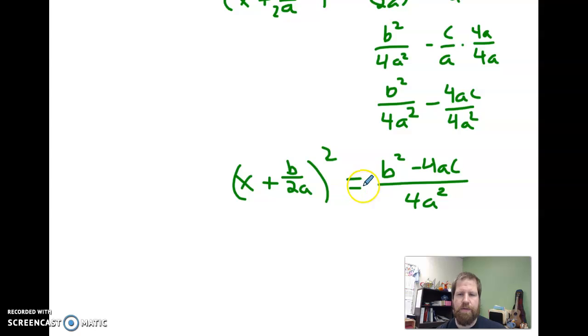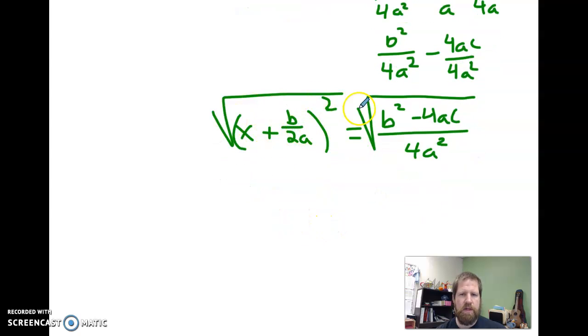So let's go ahead and go through our steps just like we normally do. We would take the square root of both sides. Okay, square root of this is easy. It's just going to be x plus b over 2a. Now the square root of that is going to be pretty challenging. But remember, just like with any fraction, we can evaluate the numerator and the denominator separately.